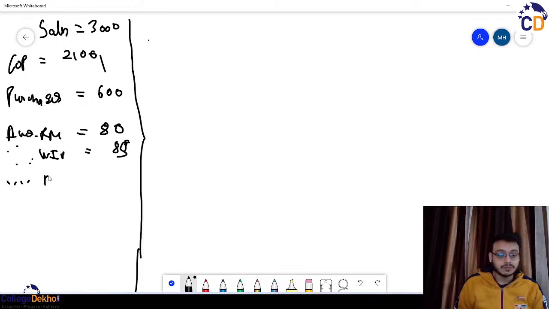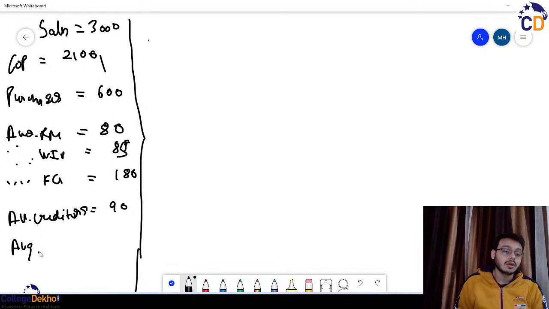Then your average finished goods has been given as 180. Then your average creditors have been given as 90. And your average debtors have been given as 350.